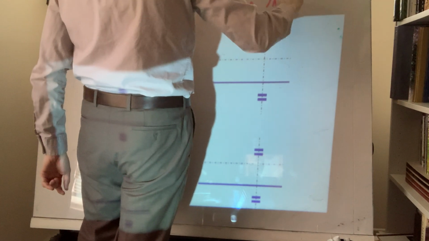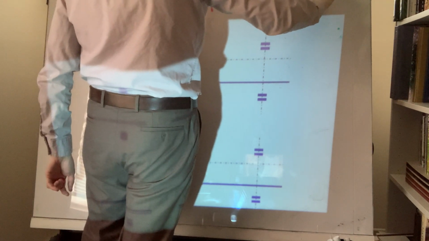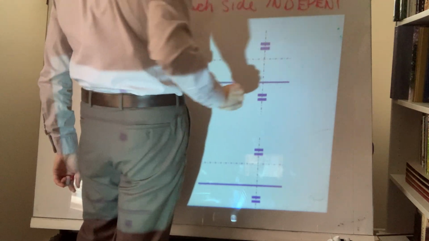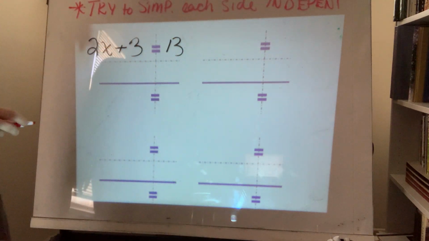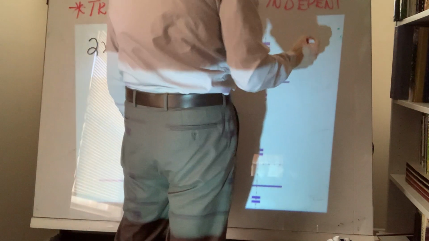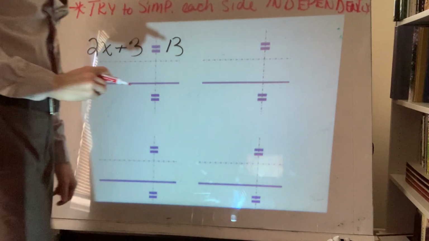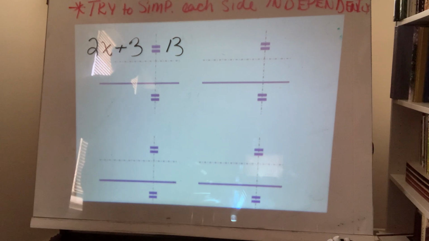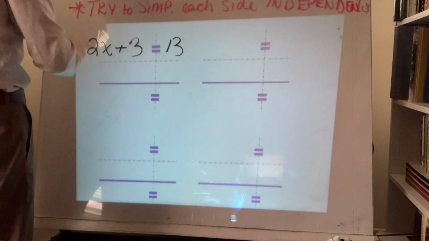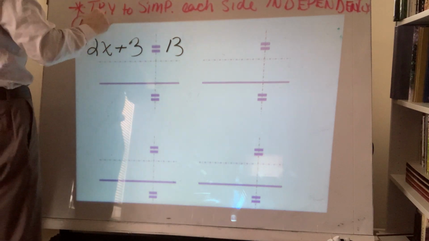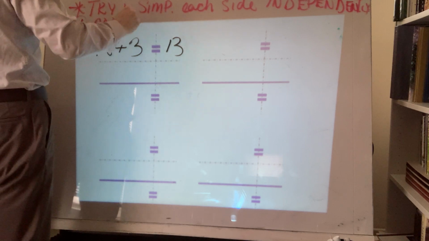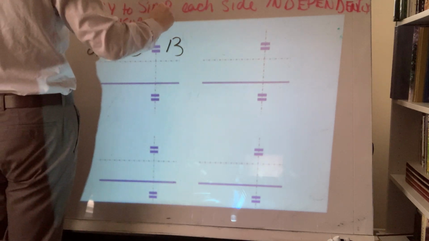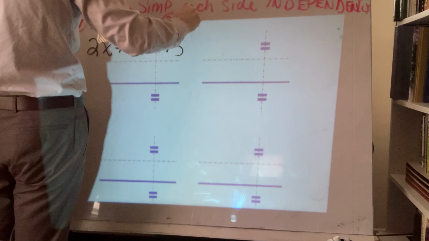Independently is D-E-P-E-N-D, too many N's and E's and so forth in that. Try to simplify each side independently, then do the addition or subtraction, then do the multiplication or division.